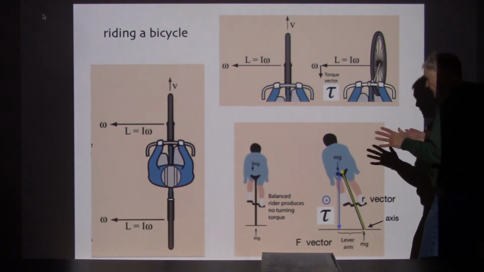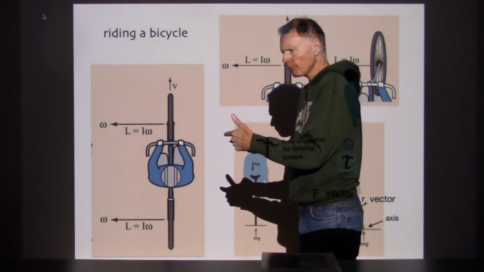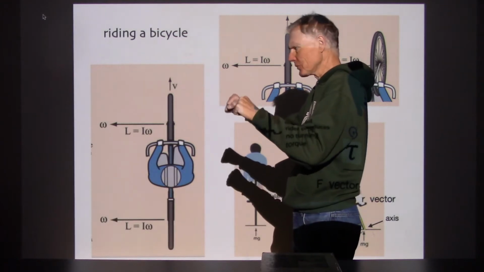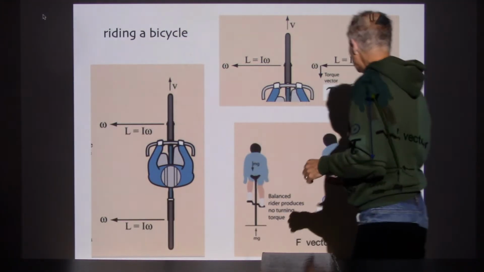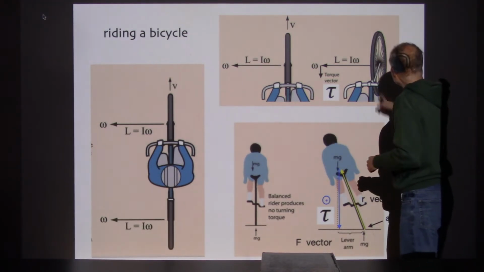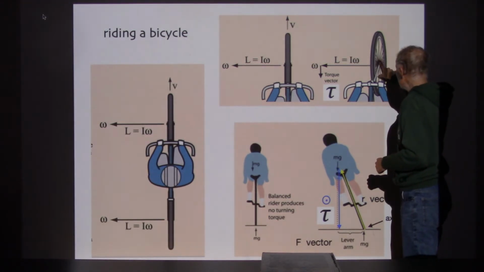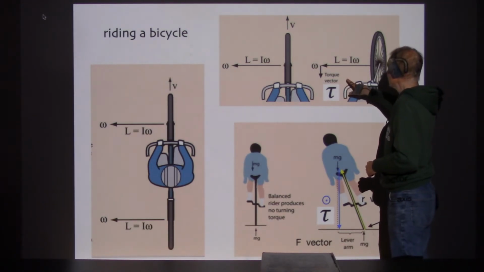The tendency would be, if the bicycle wheels weren't already moving, and you were sitting on a bicycle somehow balancing, and you lean to the left, you fall over, right? That torque would tend to rotate you. But because the bicycle tires are already rotating, that torque ends up redirecting.